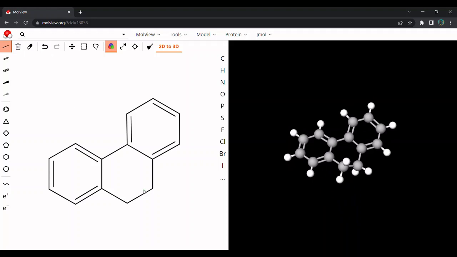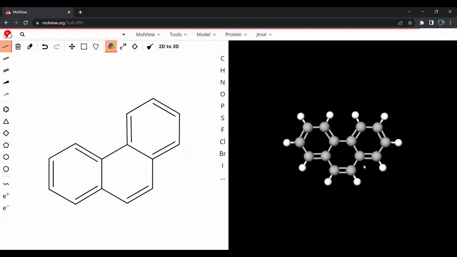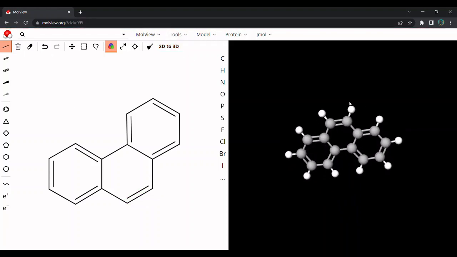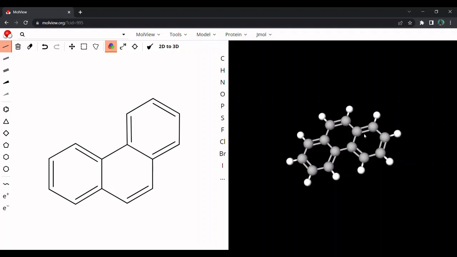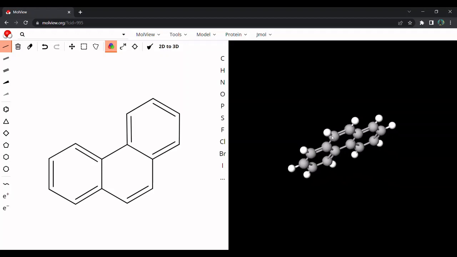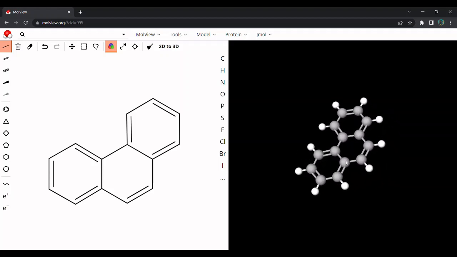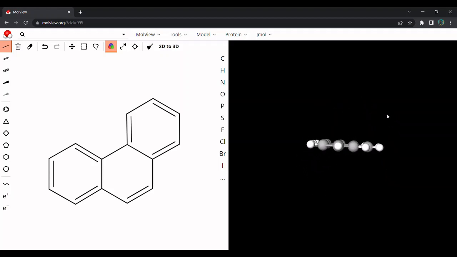And when we add a double bond, making it an ethene bridge, because these carbons are now trigonal planar in shape, it's now completely flat again.